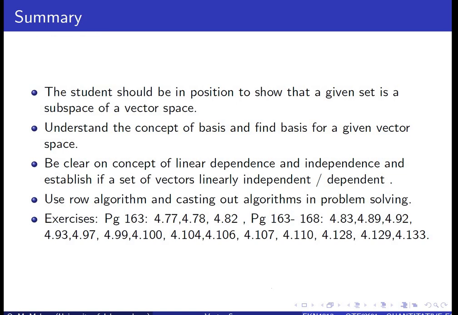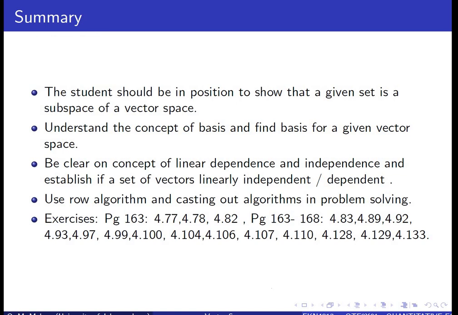Be clear on concepts of linear dependence and independence, and establish that a set of vectors is linearly independent, right? And then you should use the casting out algorithm to find the dimension of a matrix and to find the basis, the row basis as well as the column space basis, by using the algorithms that were discussed.